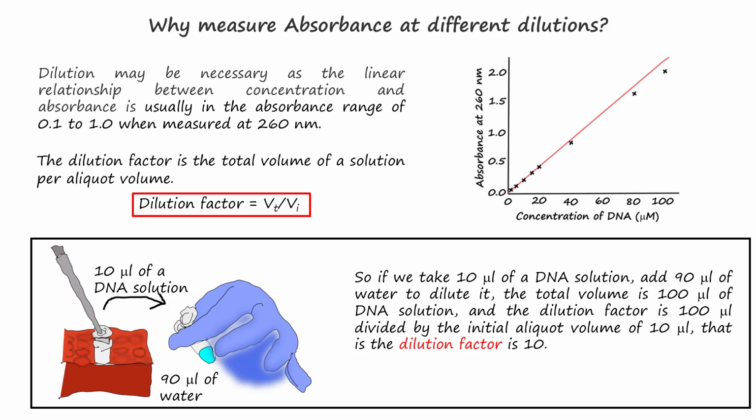So if we take 10 microliters of a DNA solution and add 90 microliters of water to dilute it, the total volume is now 100 microliters of DNA solution. And the dilution factor is 100 divided by the initial aliquot volume of 10. That is, the dilution factor is 10.